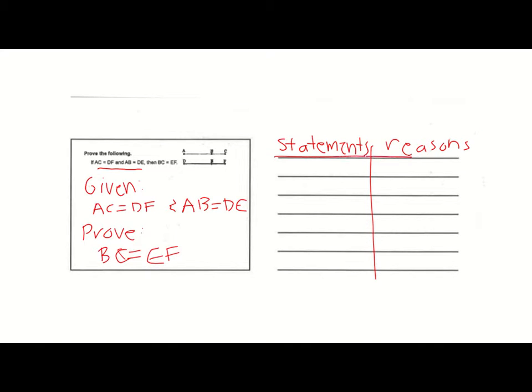So then the first thing I need to do is write my given information. So here, first line, I'm going to write AC equals DF, and that is given. Our second piece of given information, AB equals DE, and that is given as well.